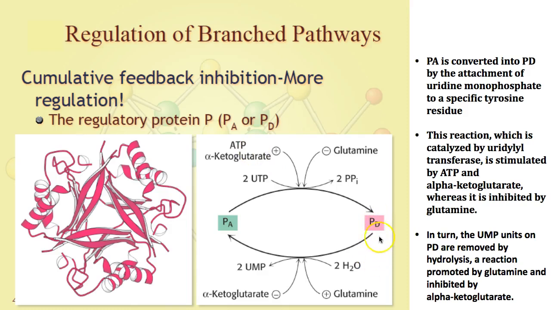And so when it's deactivated, that means it is not inhibiting that main enzyme that is creating glutamine. But glutamine is the final product. Thus, if there's more glutamine around, it will try to stop that regulatory protein from being converted to the deactivated form, because it wants it to be activated.